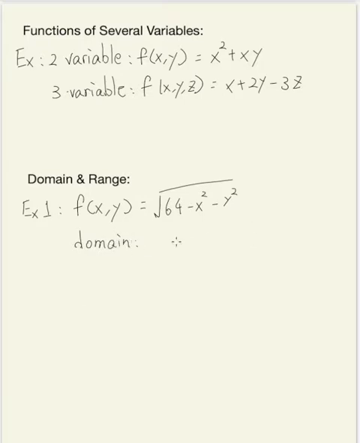As we talked about, the domain is the points at which the function makes sense. Now, where does this expression make sense? A square root makes sense whenever the stuff under the square root is non-negative. So this function is valid when 64 minus x squared minus y squared is larger than or equal to 0. Adding x squared and y squared on both sides, we get x squared plus y squared is smaller than or equal to 64.